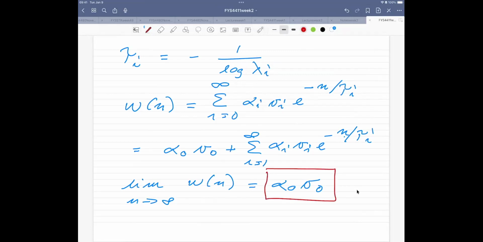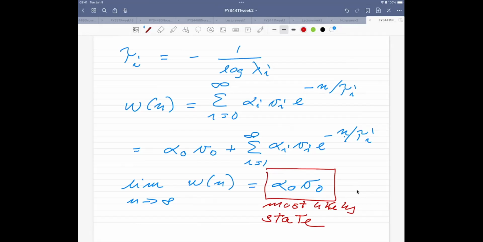So this is the most likely state, or the steady state, or the equilibrium state. It's normally called steady state, the most likely state, or the equilibrium state. And this is a situation which a Markov chain moves towards.